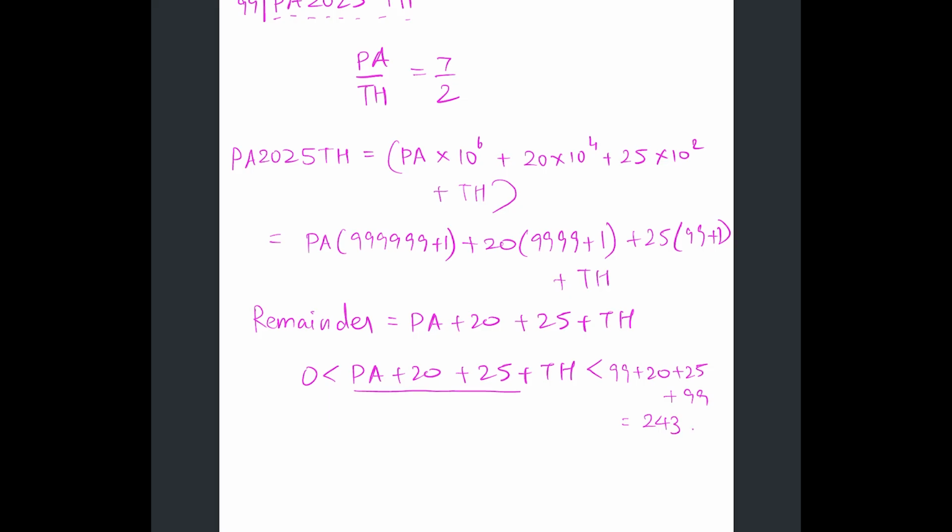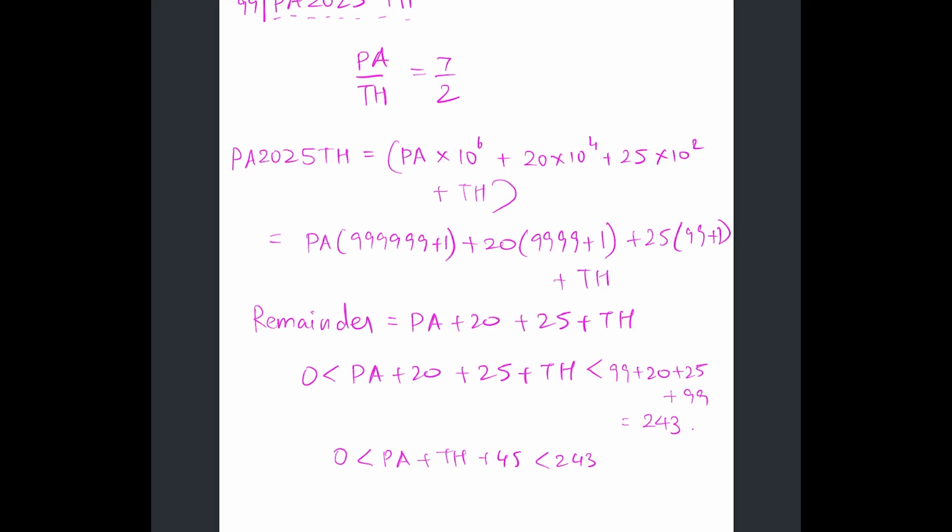So this sum here, that is PA plus TH plus 45, is greater than 0 and less than 243, right?